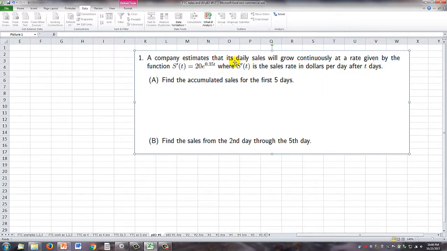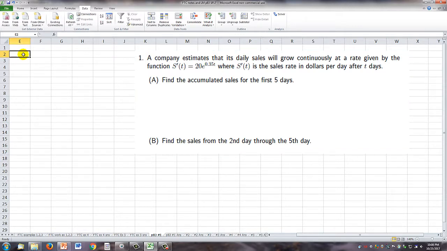So the Riemann sums are always kind of in my mind to help me understand how the units work. So what I want to do here is t is days, and I want to know the accumulated sales for the first 5 days.